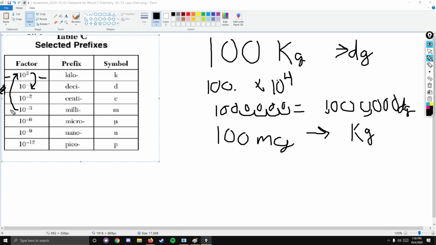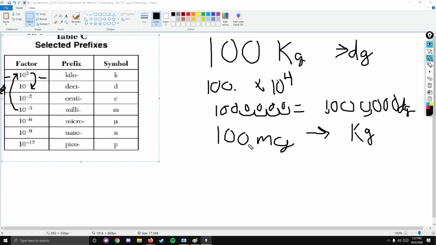What I screwed up there is you're still subtracting. So this time it's 10 to the negative third minus 10 to the third. Whatever unit you're converting from is the first number, and then you subtract by whatever you're converting to. So in kilogram to decigram, we went from 10 to the third minus 10 to the negative first.